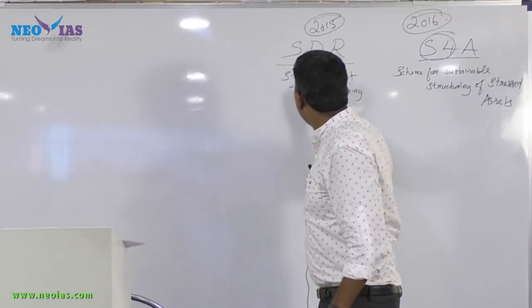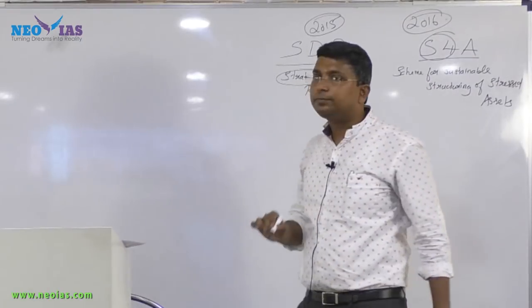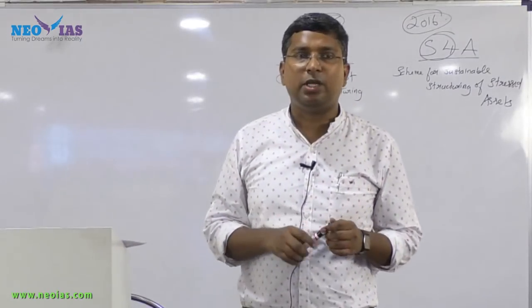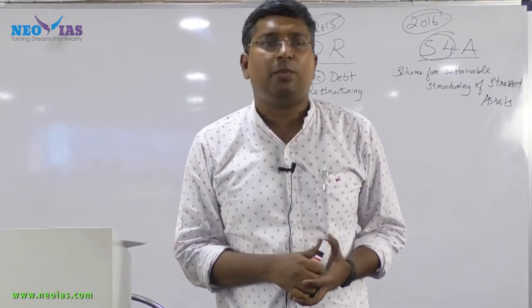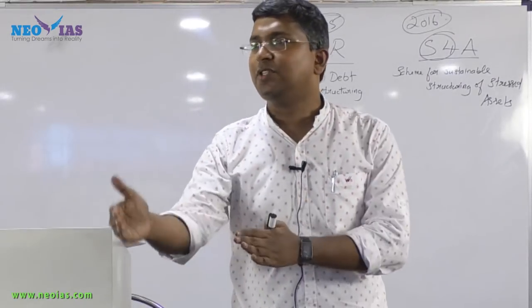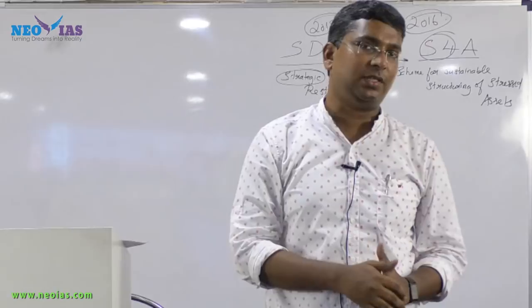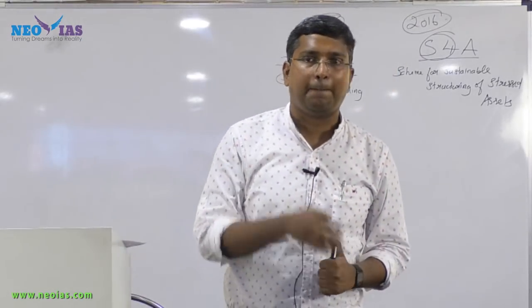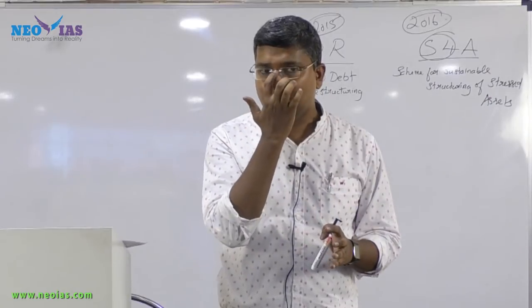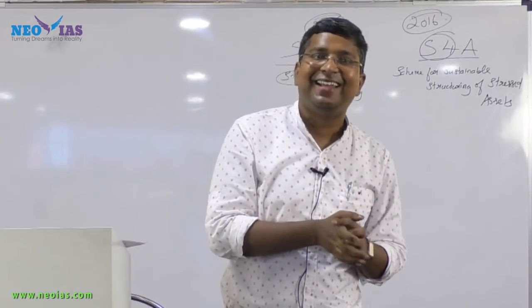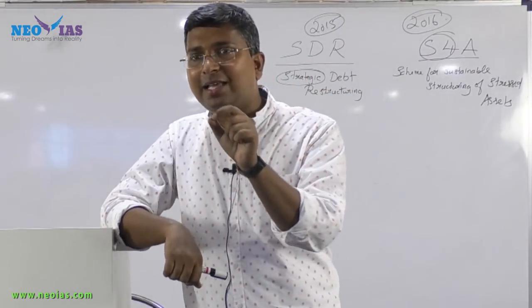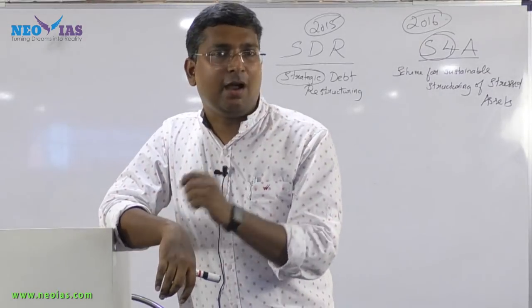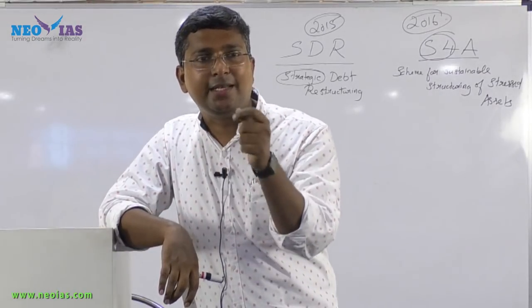Whenever you hear the word strategic, it's very important. In disinvestment, you might have heard this word strategic. Disinvestment is there, strategic disinvestment is there. What is the difference between them? Disinvestment is government selling of public sector undertaking assets.